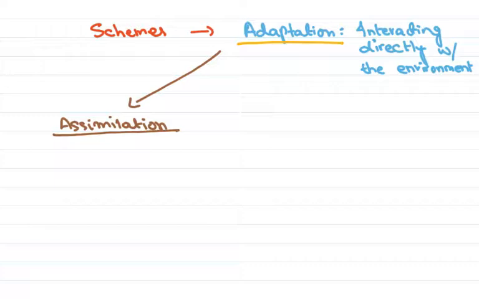His real name is Rehan. So Rehan drops objects from the first floor of his house. He drops, let's suppose, a ball, and it falls to the ground floor. Through this direct interaction with the environment, he creates this scheme of falling.